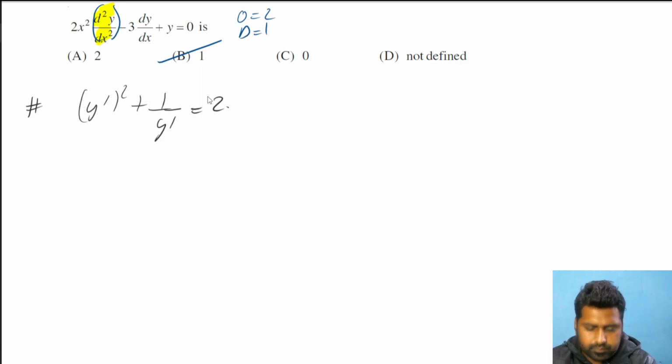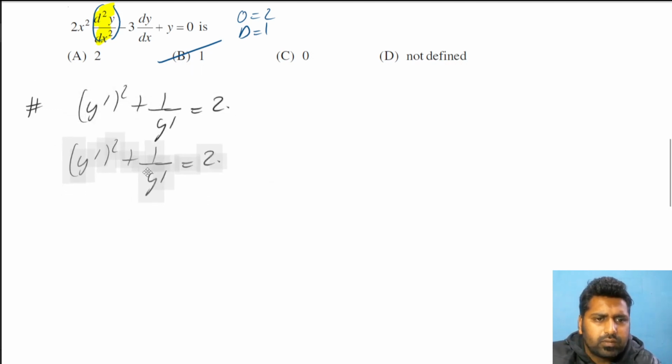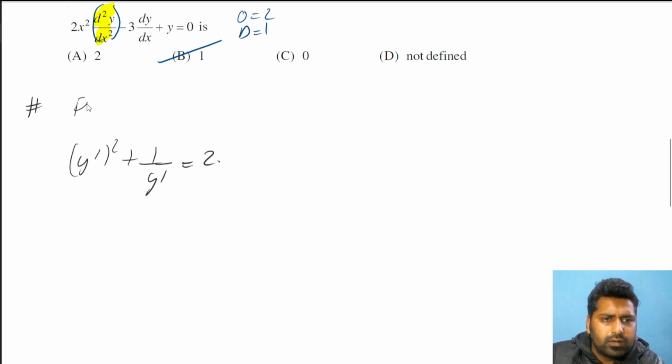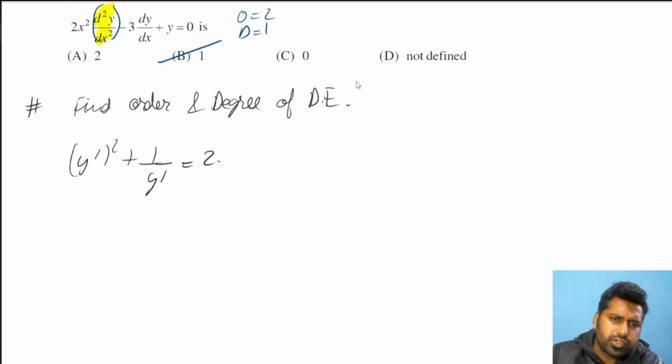Okay. Now the question is the same for all the parts that will be upcoming: you have to find the order and degree of the DE, differential equation in short.